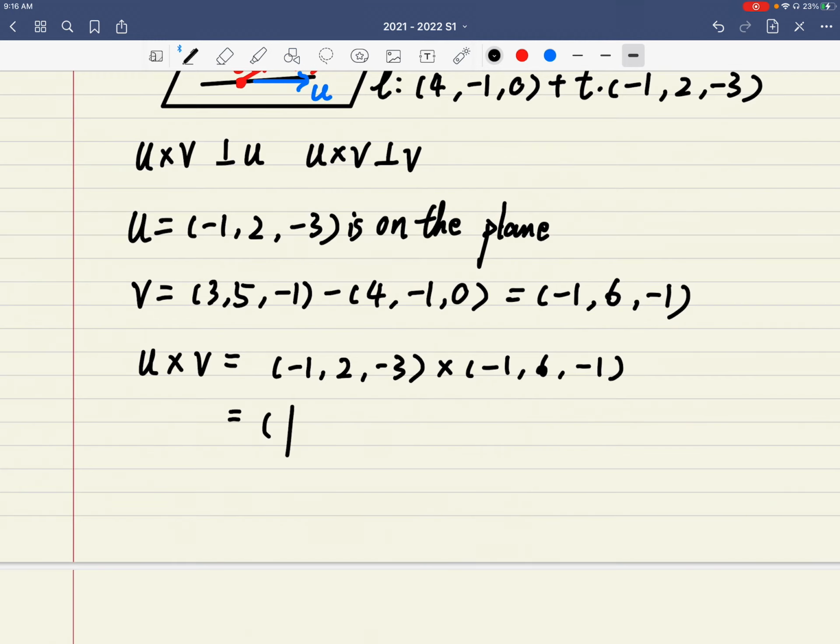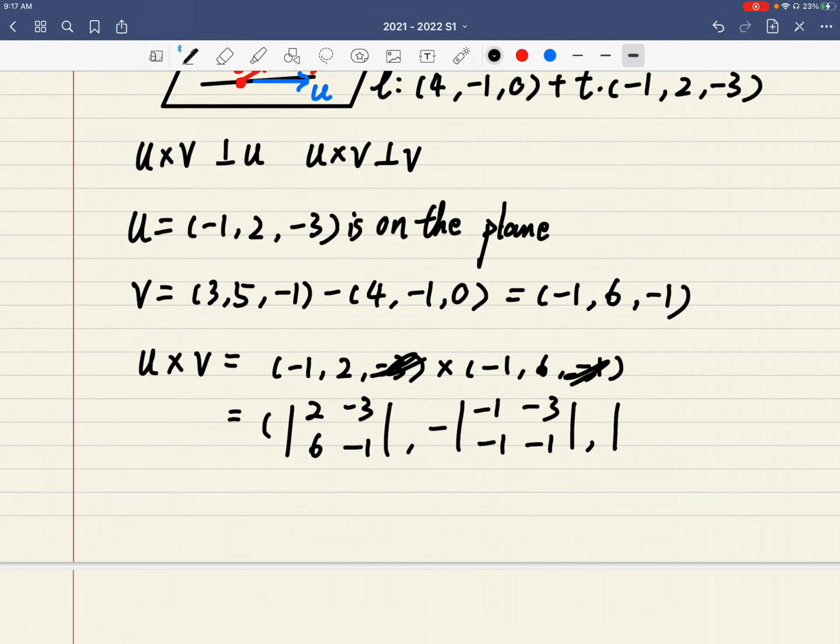The first component: you temporarily remove the first component, and it's the determinant of 2, -3, 6, -1. And minus the second component: you temporarily remove the second component, so it's -1, -3, -1, -1. And then you temporarily remove the last component. It's -1, 2, -1, 6.